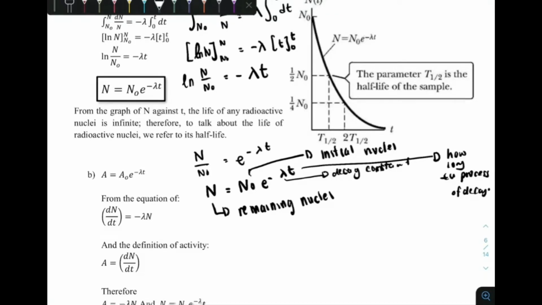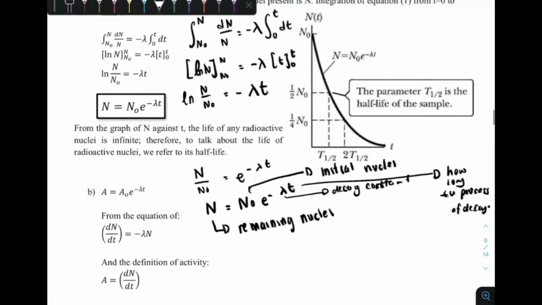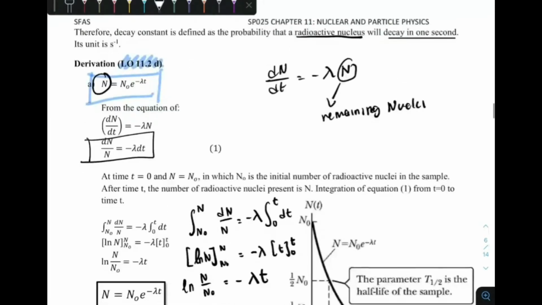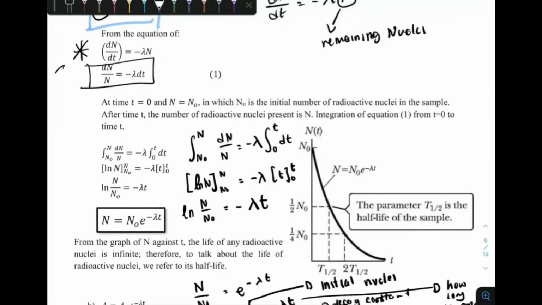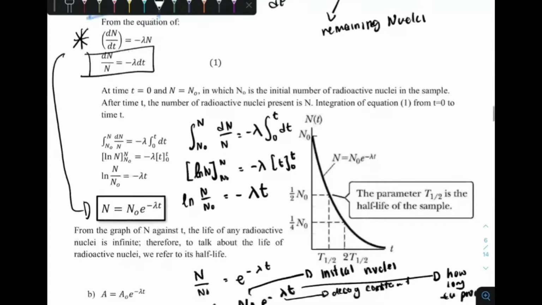Okay, are we good up to this particular point? Yes, Miss. Okay, awak kena tahu derive derivation ini penting. Awak kena tahu derive starting from this equation sampailah ke to produce equation of number of nuclei remaining dekat sini.